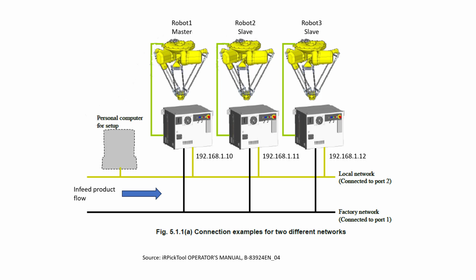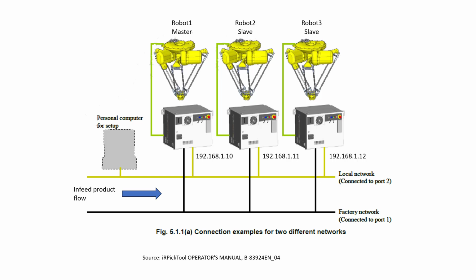So now, who is going to be the master is up to you. In our case, we're going to consider that the master robot is going to be the one that is upstream on the infeed conveyor. And in this case, this is the one that's going to have the line tracking interface board for the Ethernet encoders.